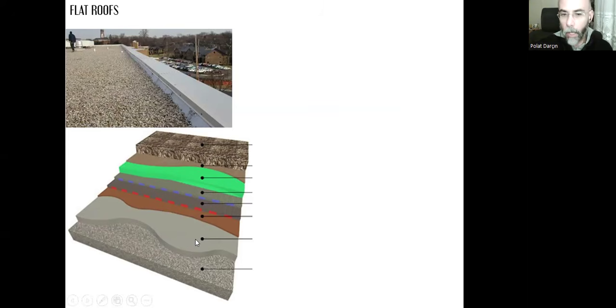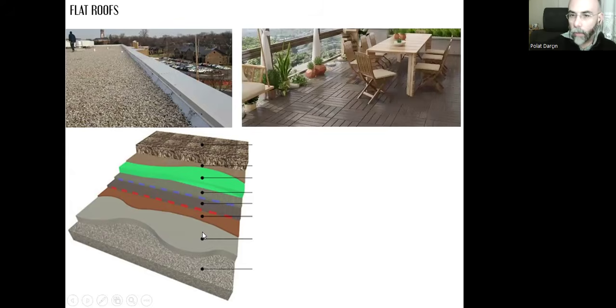Over that, we have leveling concrete, but with a sloping surface of 2%. And over that, we have a separation layer, 2 layers of bitumen sheet for water insulation. Over that, we have this XPS layer of 5 centimeters and a separation layer and then gravel for 5 centimeters. That's one way to do that.